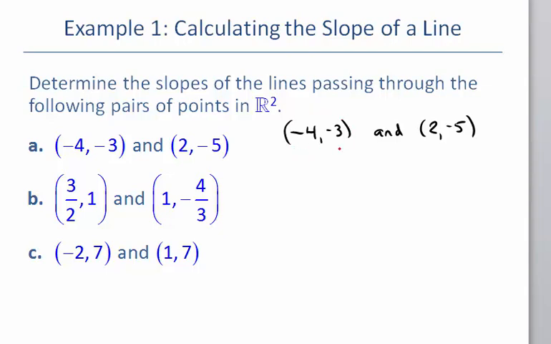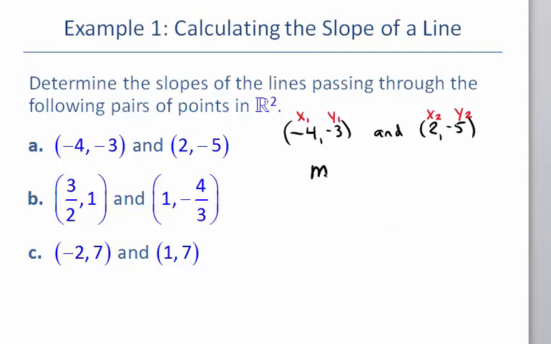Since this is your first point, the -4 will be your first x and the -3 will be your first y, so we'll label that x1 and y1. The (2, -5) is our second point, so it contains the second x and the second y. So x2 is 2 and y2 is -5.